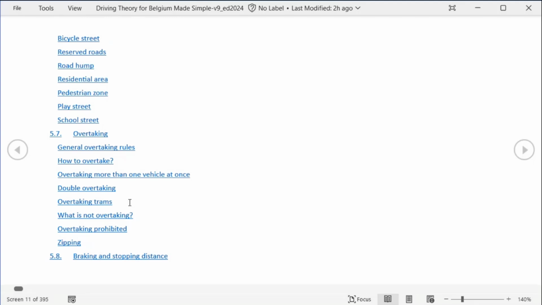Right. And then overtaking trams, is this allowed? And if it is, then how is it done? Overtaking trams is totally different from overtaking other cars or other vehicles, so we need to understand this difference. And what is not overtaking? This is also very important because the rules and regulations for overtaking don't apply in this case.